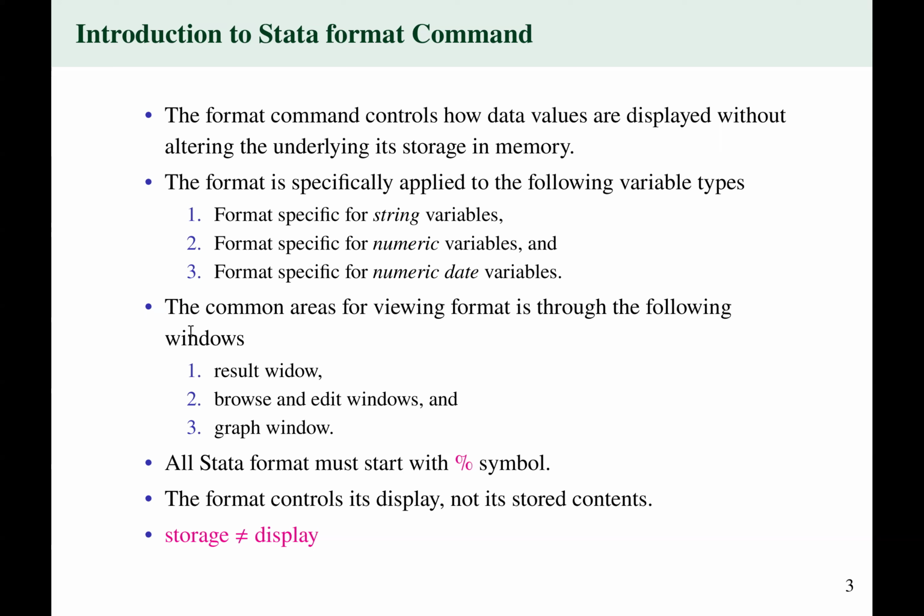And where can we see this effect of format? You will see it in the results window after displaying result tables, but also it is visible through the browse and edit windows where we can see data values. For visualization, you will see that effect in the graph window. All Stata formats must start with the % symbol.